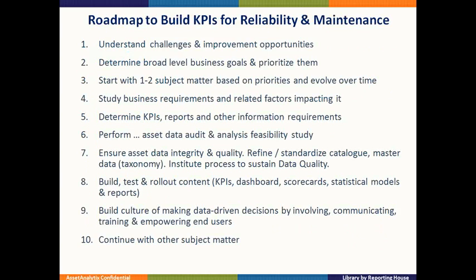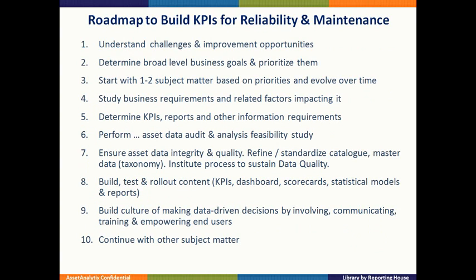Overall, the approach one can take can be a very big deal in some organizations, depending on their maturity, preparedness, leadership, and all the other things we talked about. The question is how do we build this, focused on reliability and maintenance, as an example.